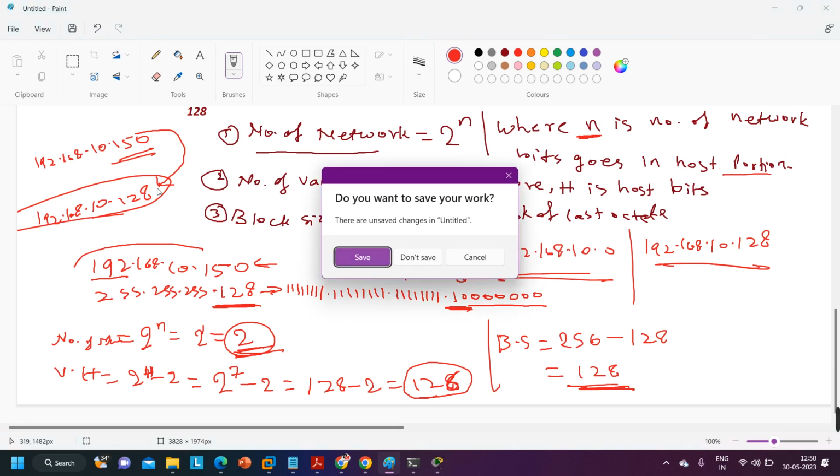Now 192.168.10.150 again, but this time the subnet mask is 255.255.255.192.